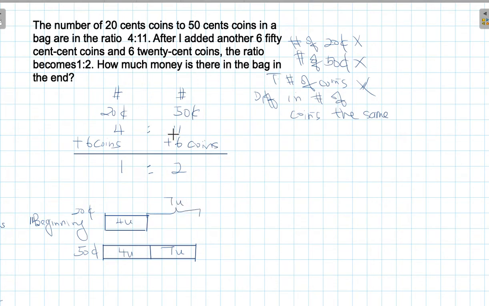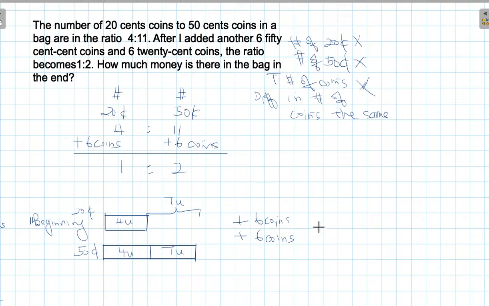Okay, so after I add in 6 coins for the 20 cent, and I add in 6 coins for the 50 cent, do you think my difference will be the same? Okay, here's the beginning. Maybe I draw one more after.